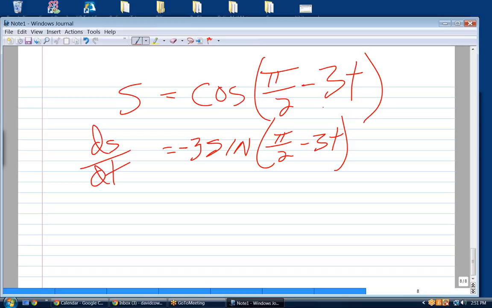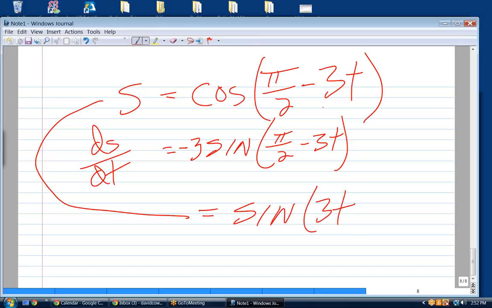Pretty straightforward. But notice another way to do it. Cosine of pi over 2 minus 3t is the same as the sine of 3t. That's one of those trig cofunction relationships, that the sine of x is equal to the cosine of 90 degrees minus x.